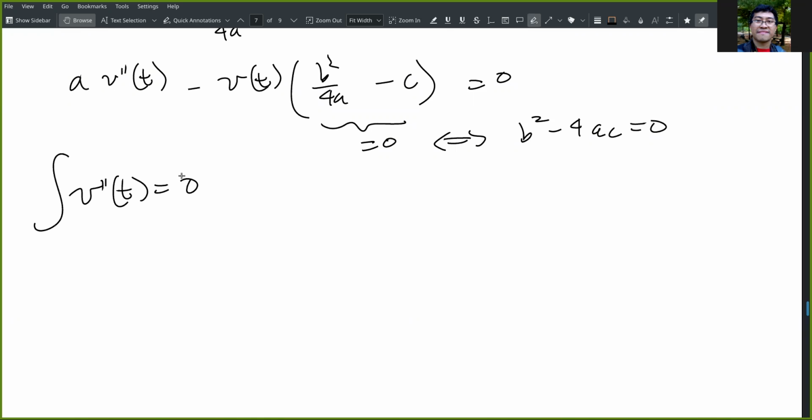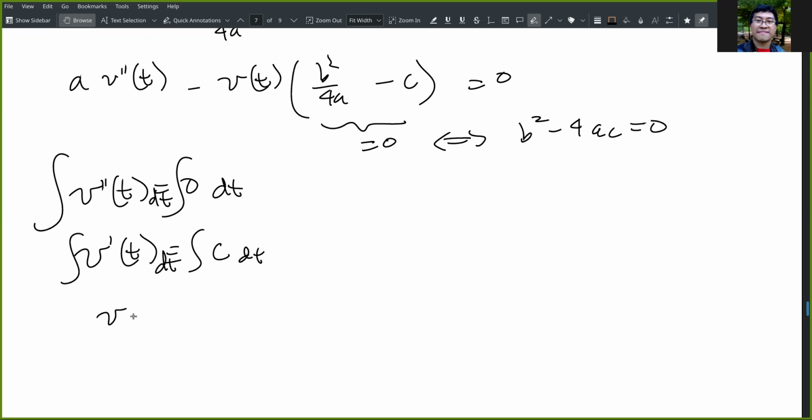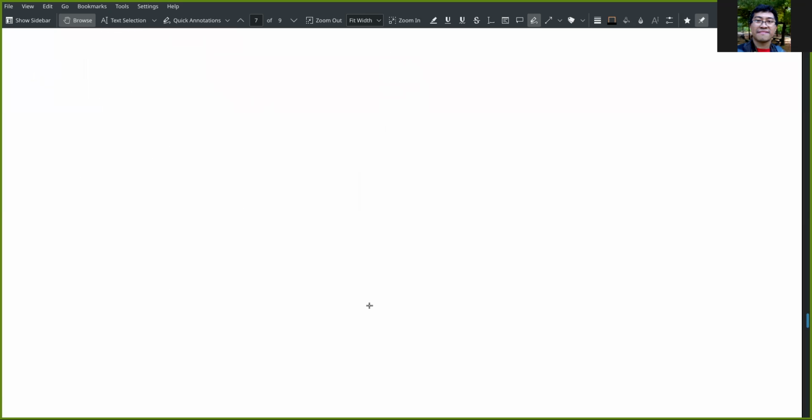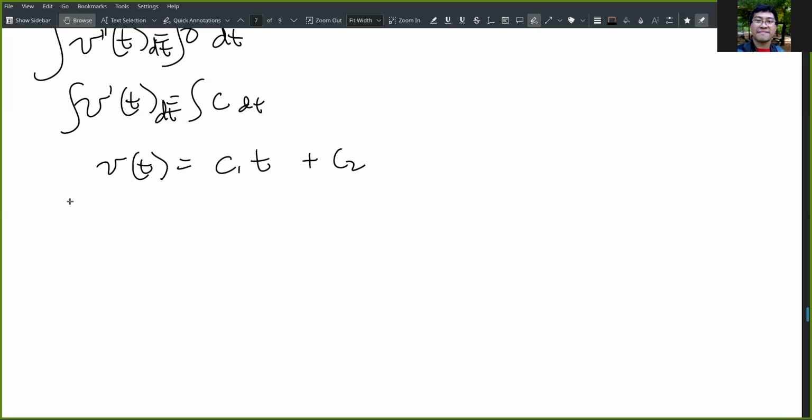If we integrate this, you get v prime equals some constant. If you integrate that again, you have v(t) written as a constant times t plus another constant.